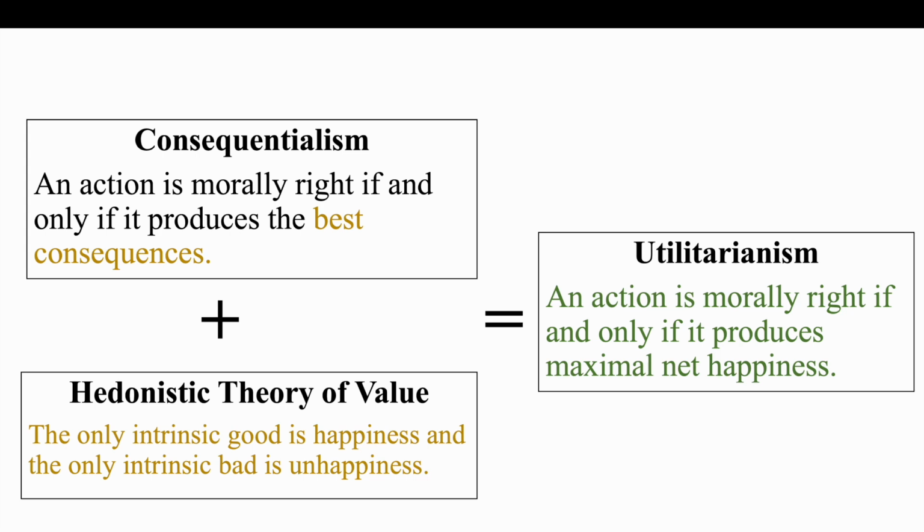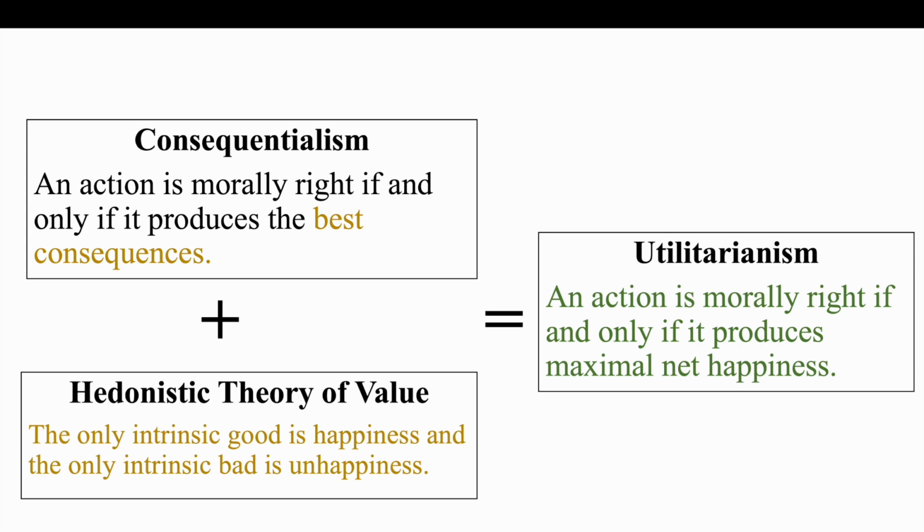And so what it says is your pleasure and your pain do count, but they just count sort of once. There are a whole bunch of other bearers of pleasure and pain out there, and they count just as much as you. So an action is morally right if and only if it produces the most net happiness. And that for us is going to encompass all of the pleasure or happiness felt by anyone who could be affected by the action, and all of the pain felt by anyone who could be affected by the action.